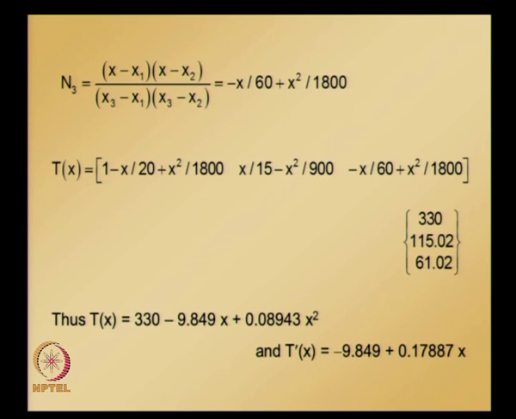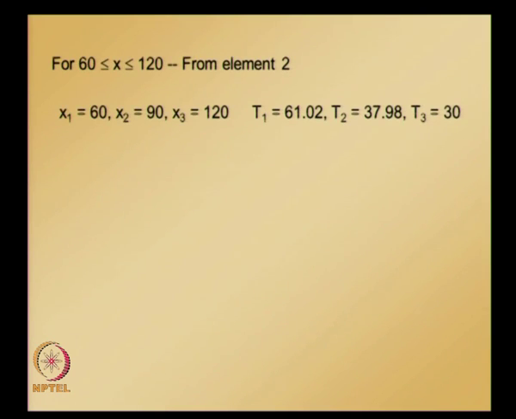Using temperatures at node 1, 2, 3, and for element 2, which goes from x is equal to 60 to 120, we have the nodal coordinates of 3 nodes and the corresponding local temperatures at the nodes. Here temperatures are given in terms of local node numbering.